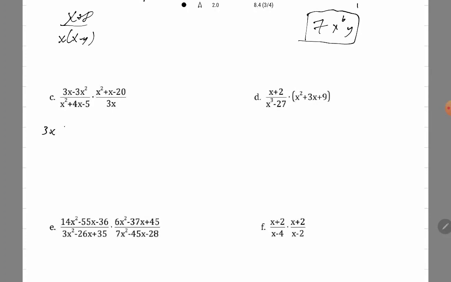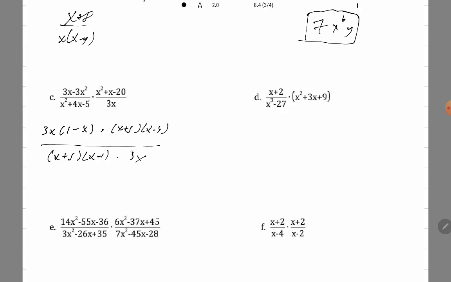So I'm going to pull out 3x, and I'll get 1 minus x times, and this becomes x plus 5, x minus 4, over x plus 5, x minus 1, times 3x.